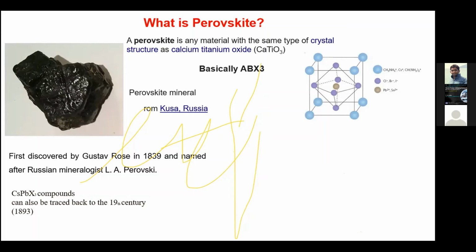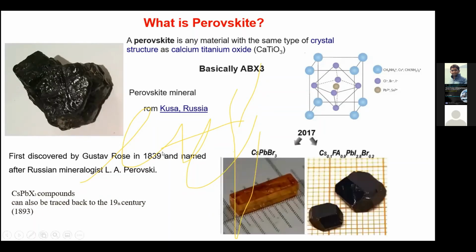In 1893 it was found in a cave, and Russian scientists found the structure of these things and gave the name perovskites. The halide perovskite was developed around 60 or 70 years ago, but the applications recently are huge.